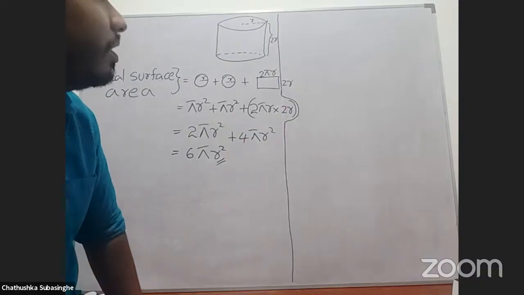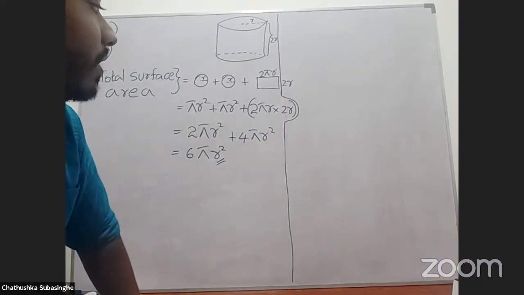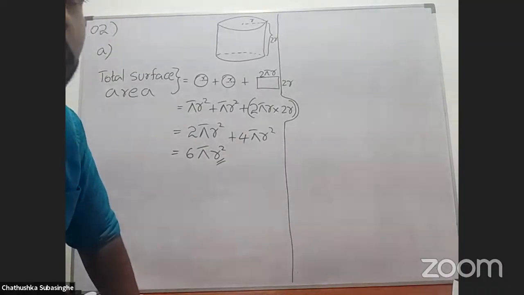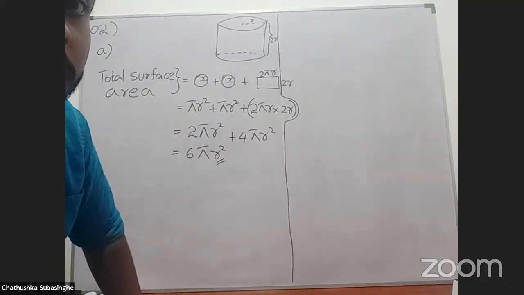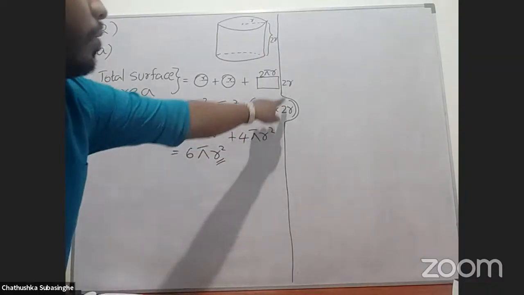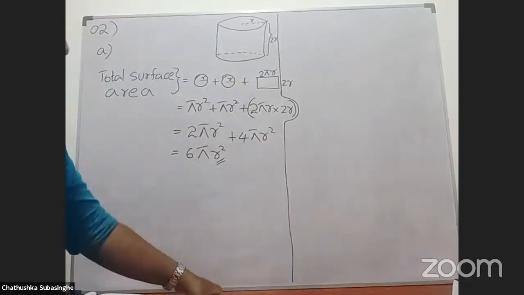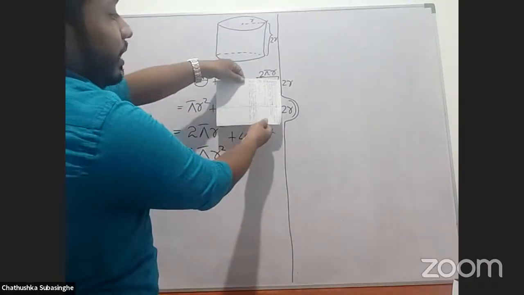That's the total surface area according to this question. When they give us a different one, we get different answers. So that should be the height, yes, 2r is the height, because this is the rectangle.